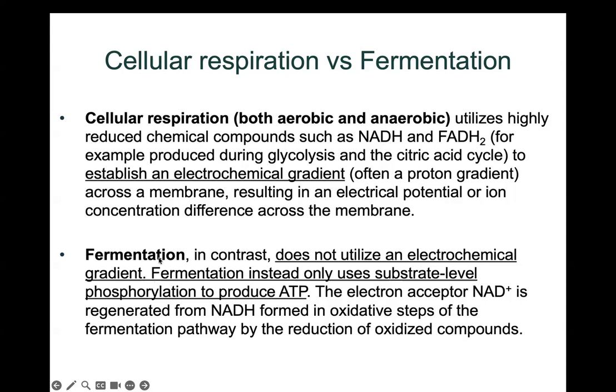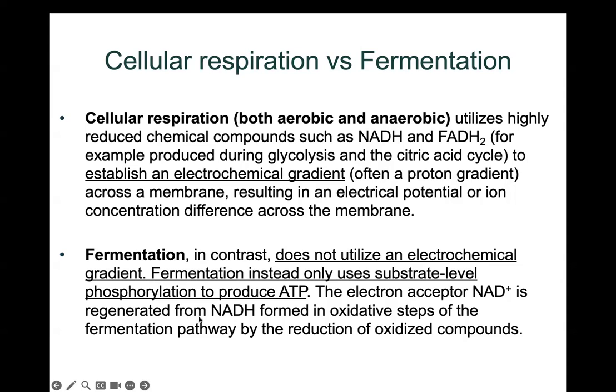So in fermentation, you only create energy, or ATP, using substrate level phosphorylation. So this is the main difference between them. Cellular respiration will create energy from substrate level phosphorylation, and it's also going to get it from oxidative phosphorylation, which is technically chemiosmosis, because you're creating an electrochemical gradient, this proton gradient.